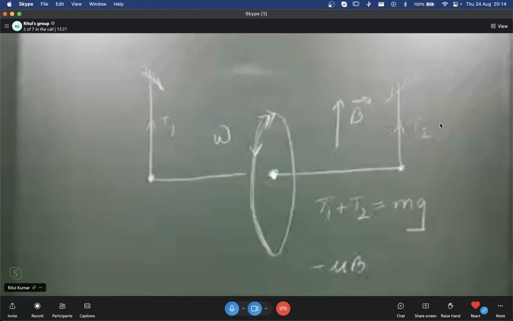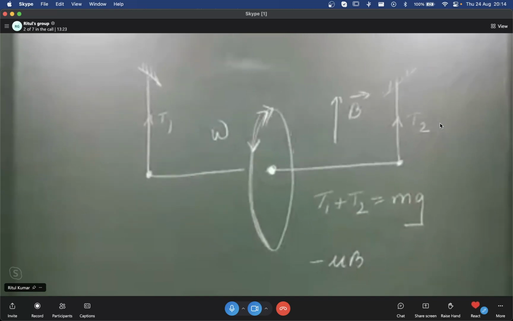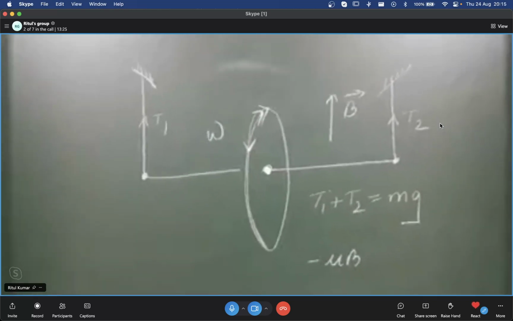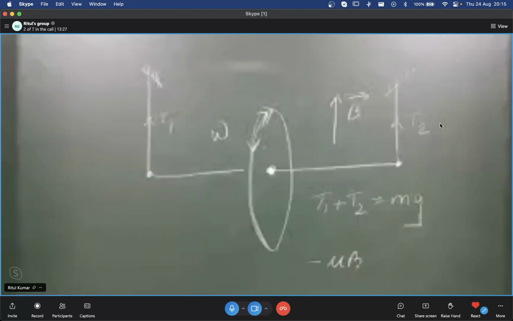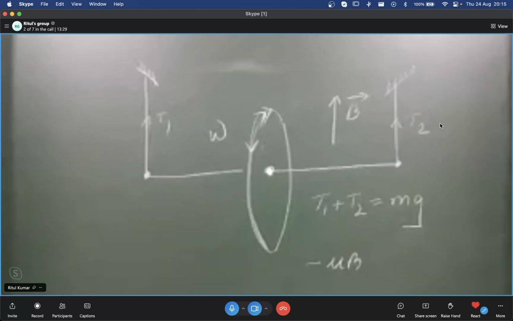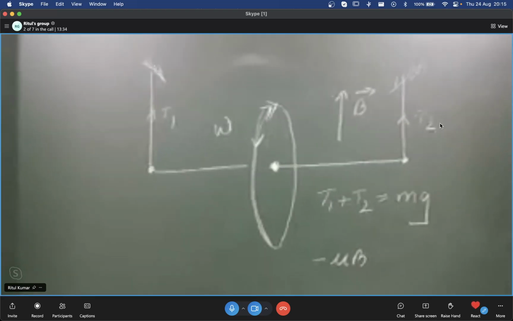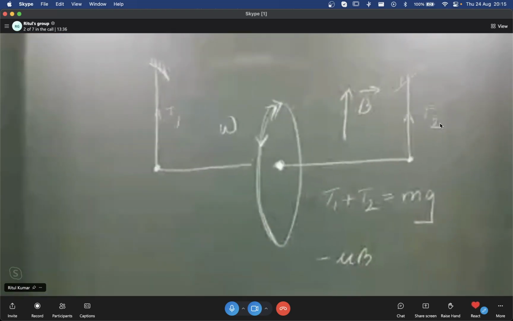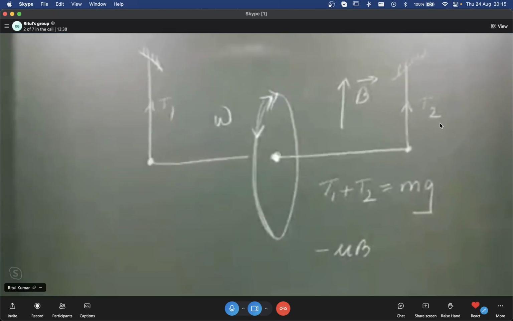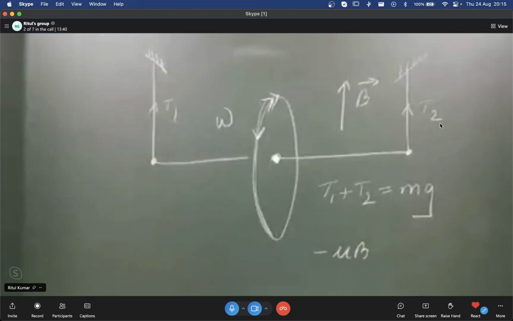Yes, it will. You also will not have to deal with mg. Mg is already there in the first equation. If you took inward as negative, then T1 will be negative, T2 will be positive, right? Yes.